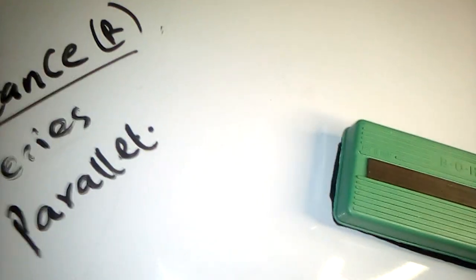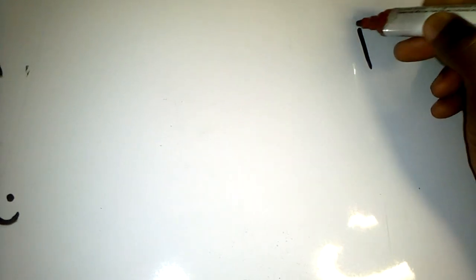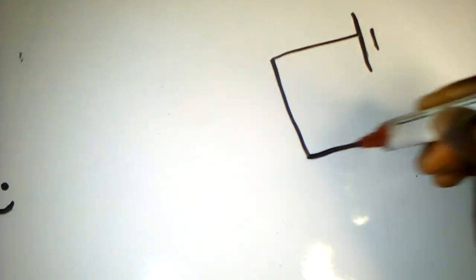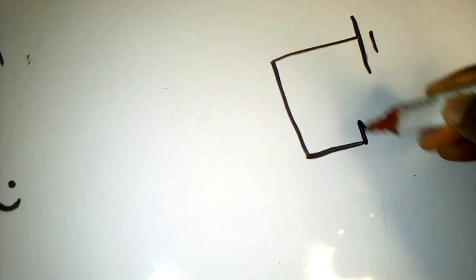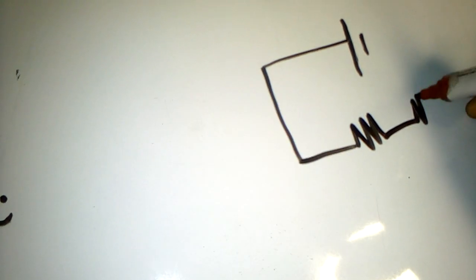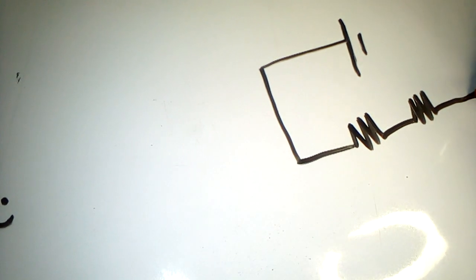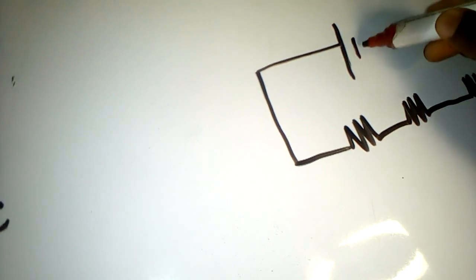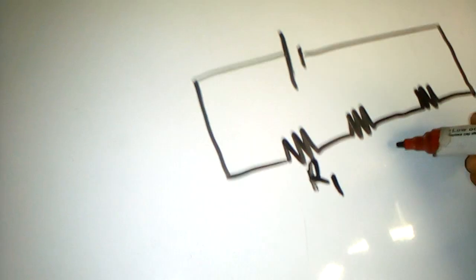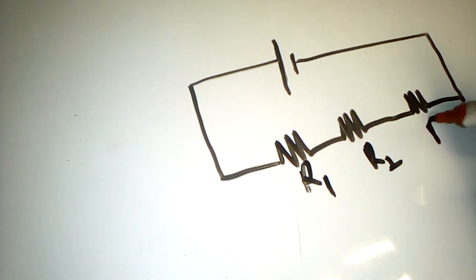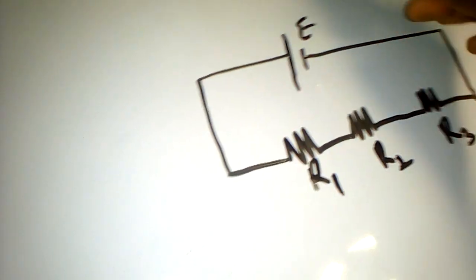If we connect resistors in series, let's draw a diagram to show that. I love using this symbol for resistors. So this is resistor R1, this is R2, this is R3, and this is the source of the current, E.